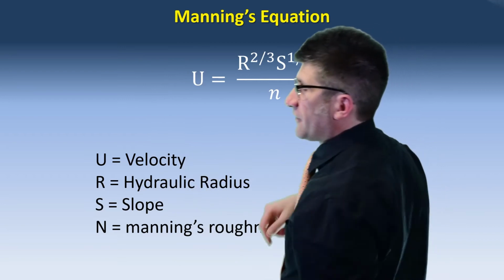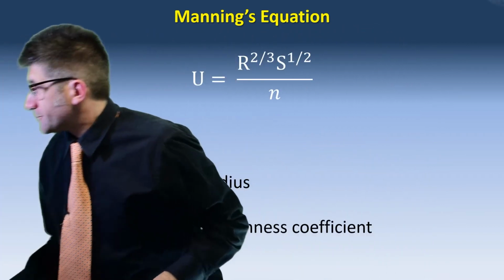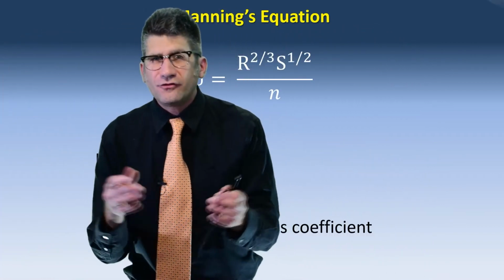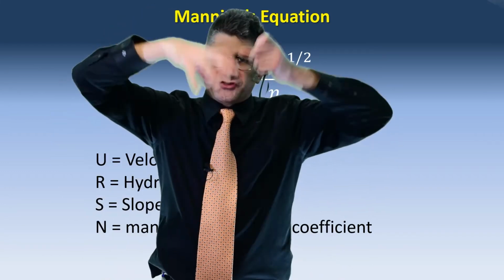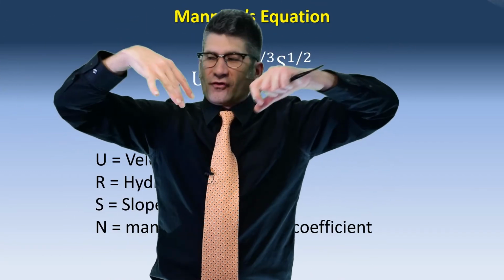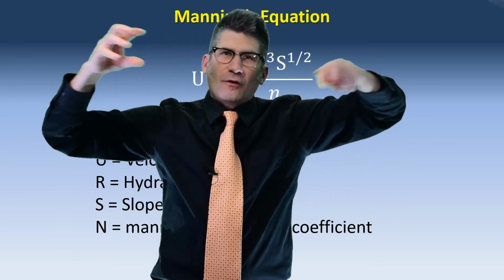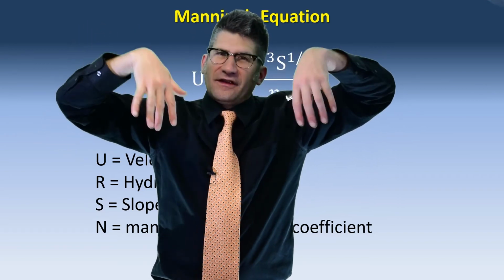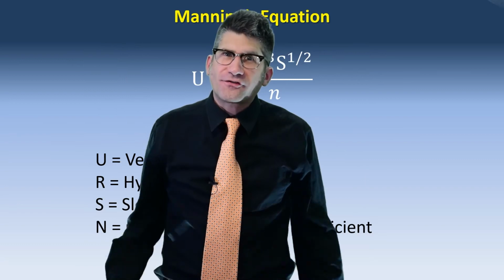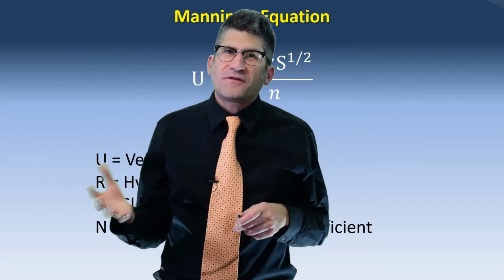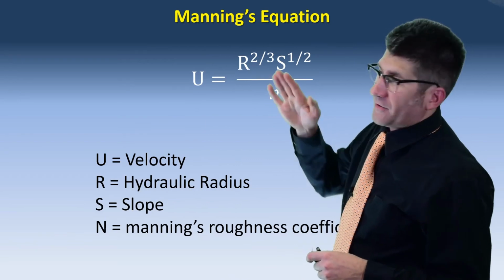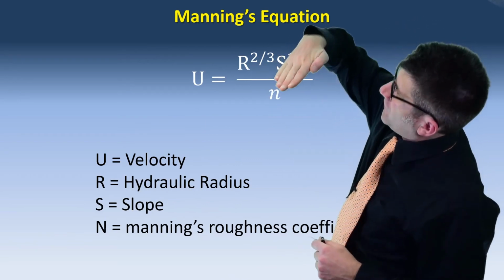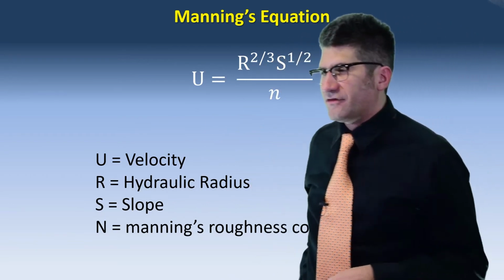And intuitively that makes sense. Imagine you've got a channel with a bunch of boulders sticking in it or a bunch of grass sticking in it. The water is going to slow down when it hits these frictional forces on the channel. So roughness makes the water flow slower. And that makes sense now that slope's in the numerator: if we have a steeper slope, the water is going to be moving faster.